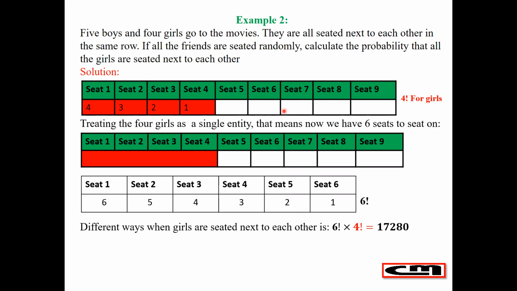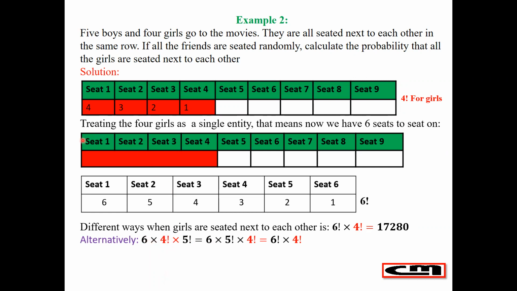So the number of arrangements that I can have, there are 6, right? But for each arrangement, it will be 4 factorial for the girls, isn't it? So in how many ways the girls will sit, it will be 6 times 4 factorial, isn't it?